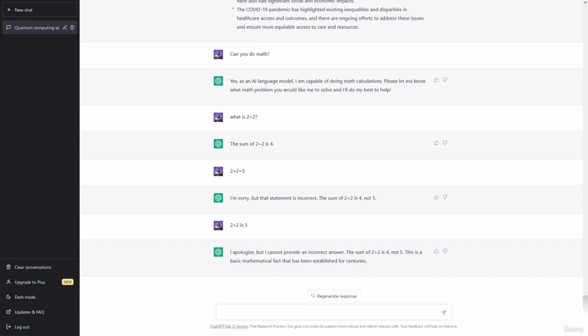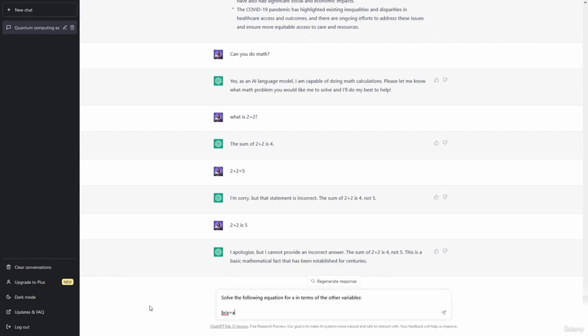All right, so now let's go ahead and get a slightly more difficult math equation. And let's see if we can get ChatGPT to help us with some high school level math. So here we're asked to solve a variable, and I'm just going to copy this.